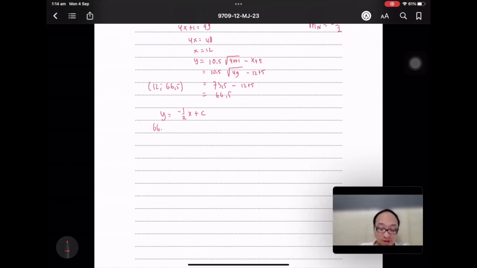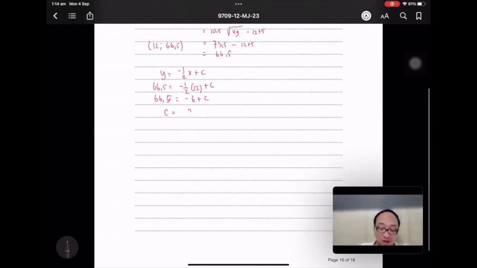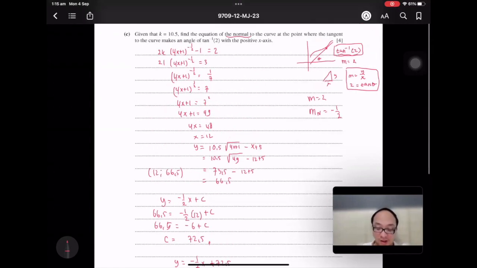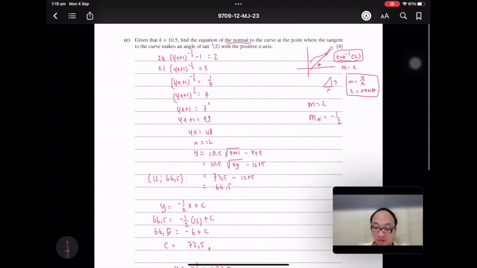So 66.5 equals negative half times 12 plus c, negative 6 plus c. So c is 72.5. So y equals minus half x plus 72.5. So this is the equation of the normal.